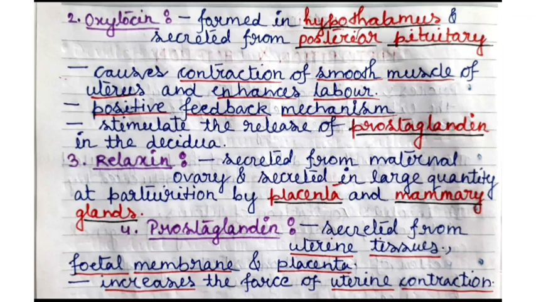The next hormone involved in the process of parturition is oxytocin. Oxytocin is formed in the hypothalamus and released from the posterior pituitary.